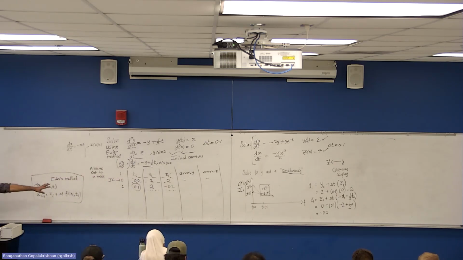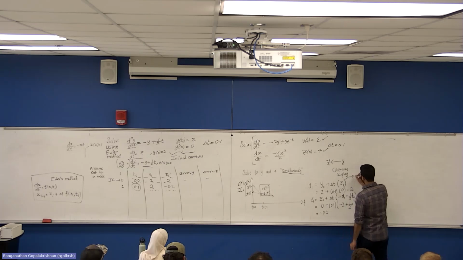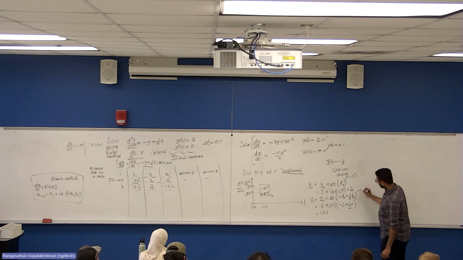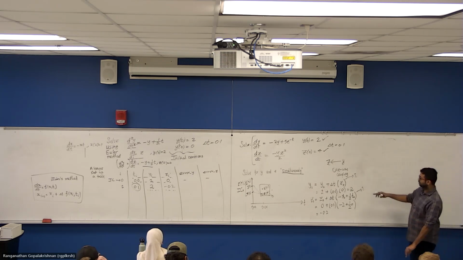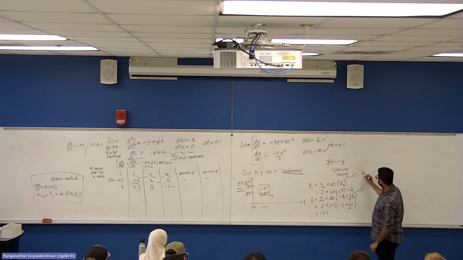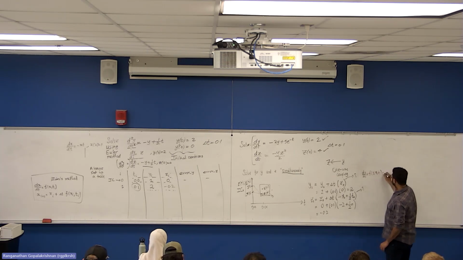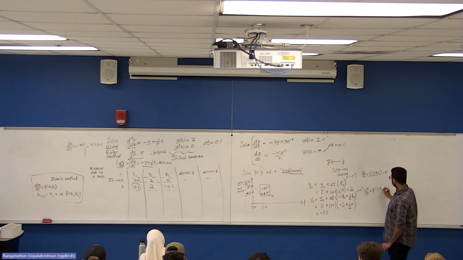I'll give a minute. Please make sure you understood what I did, especially this step here. Why is this z naught? Why is this minus y naught plus half t naught? This is the right hand side of dy by dt equal to f of y comma z comma t. This is z. This is the right hand side. And then dz over dt is, let's say, g of y comma z comma t.